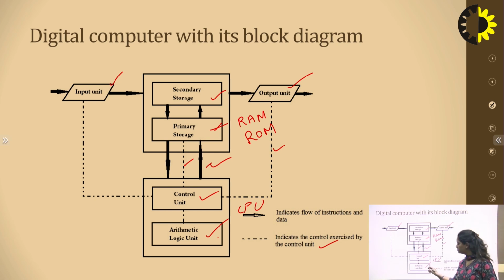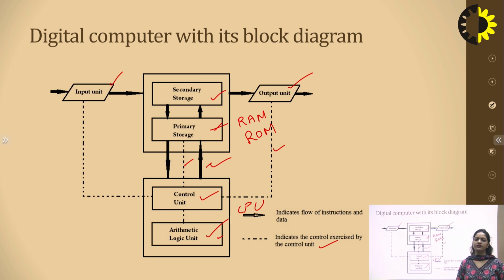Now the ALU will perform the various arithmetic and logical operations like addition, subtraction, multiplication, division, and comparison operations: greater than, less than, equals to, not equals to, etc. All this computation is done by the arithmetic and logical unit. The ALU is composed of AND gate, OR gate, full adder, and a multiplexer, which is used to make a selection out of all these components.